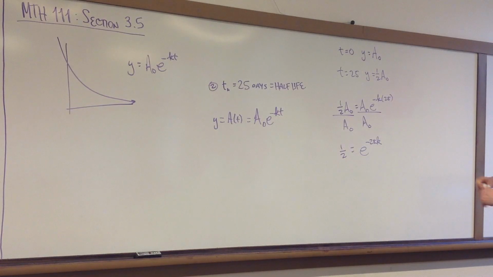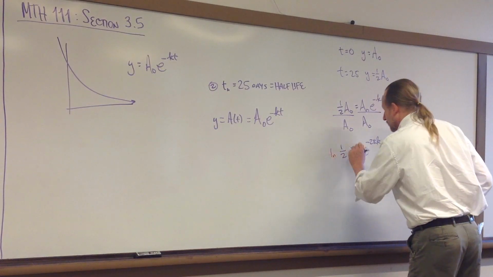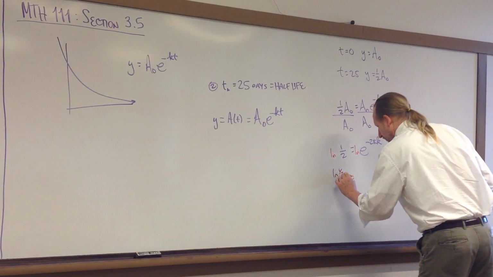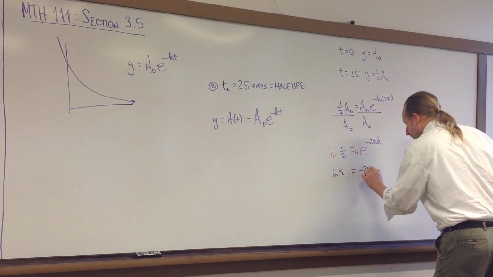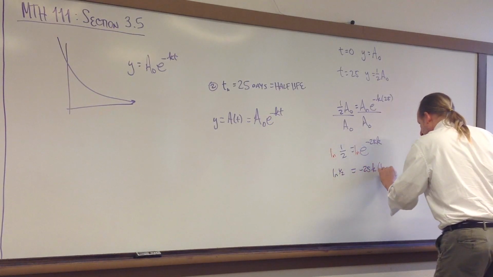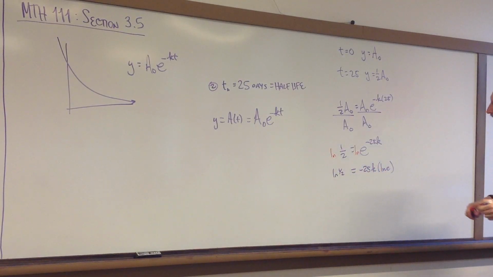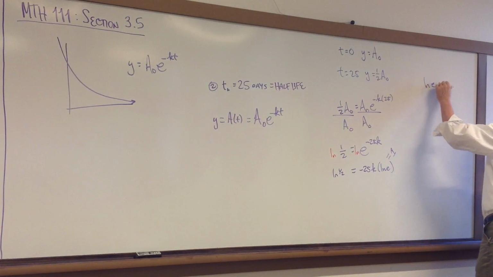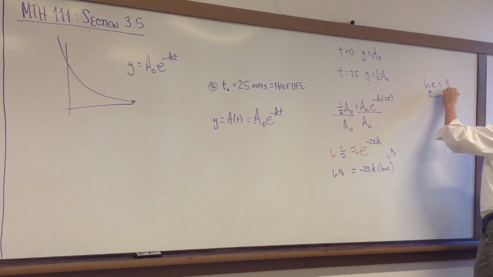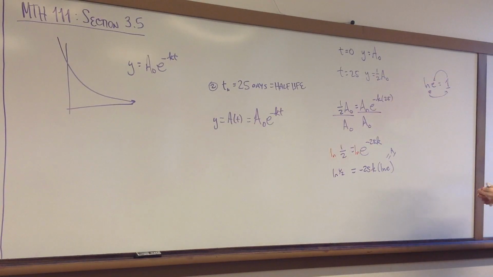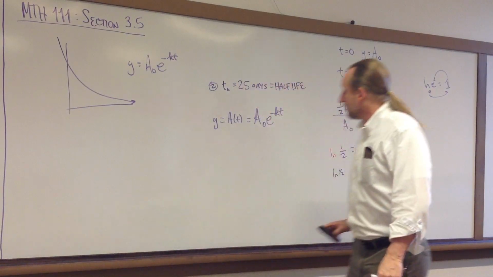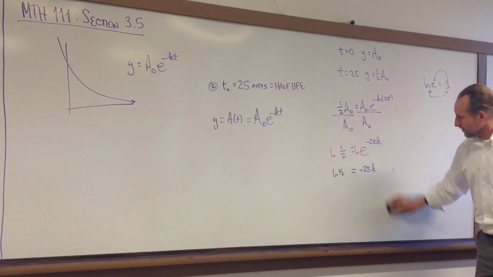So take natural log on both sides. This will be ln 1/2. On the other side, minus 25k times ln e. And remember that ln e is equal to 1 because e to the first power is e. So it doesn't really become involved in the solution here.